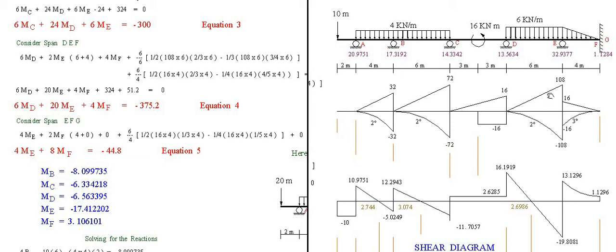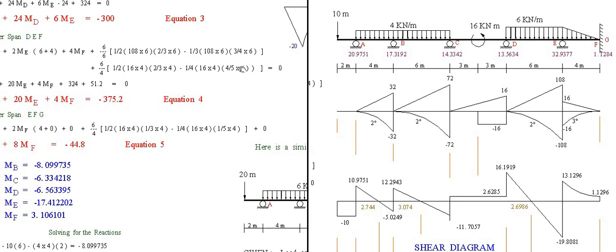This is for the left span. The right span, the origin must be on the right. This is now the computation of the second constant, 6 over L2 or 4. 1/2 of 16 by 4 times from here to here 2/3 of 4, then minus 1/4 of 16 by 4 times the distance from the right as 4/5 of 4.